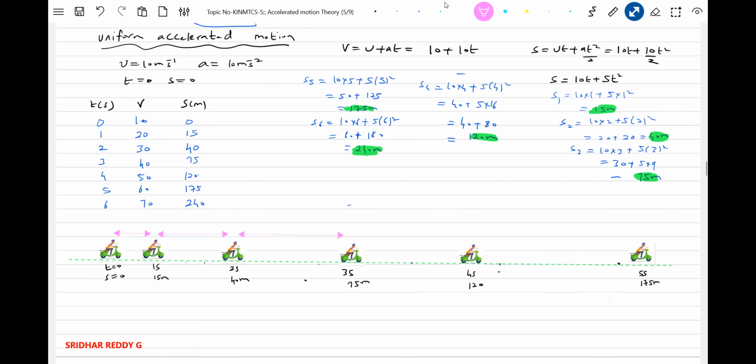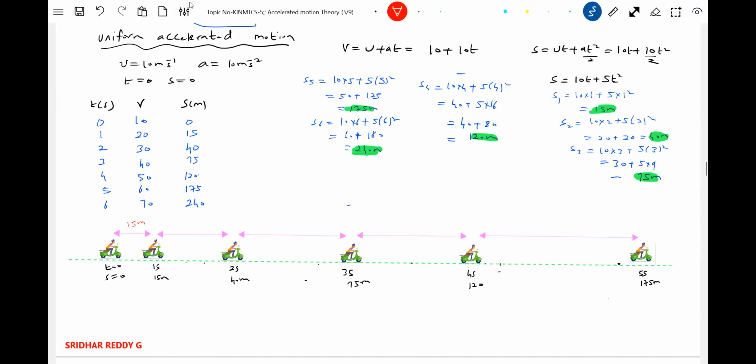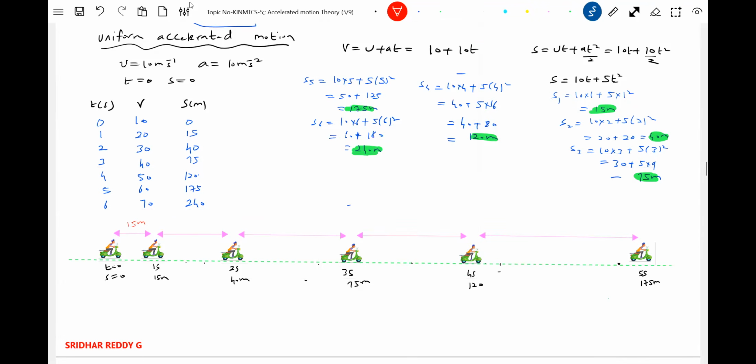Try to see the pink color arrows, the length of the pink arrows is increasing. Clearly, I'm showing in this situation. First 1 second, it will cover 15 meters. I'll make it plain so that you can see things clearly. Next, how much will it cover? 25 meters.